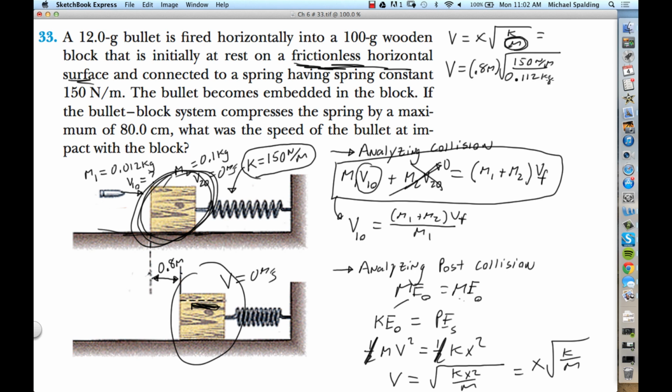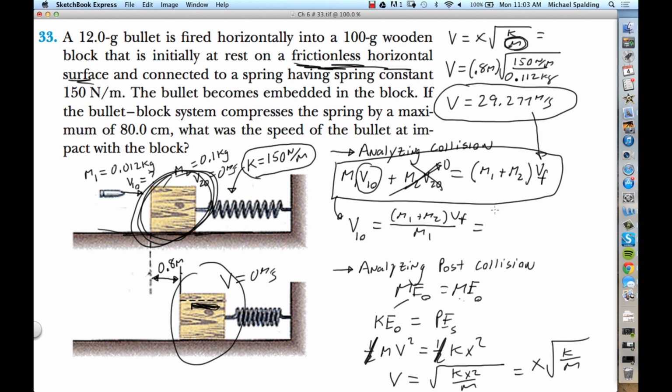Does that make sense? You've got to use the total mass. So this velocity, when you plug into your calculator, comes out as 29.277 meters per second. Now what is this velocity? It's V final after the collision.